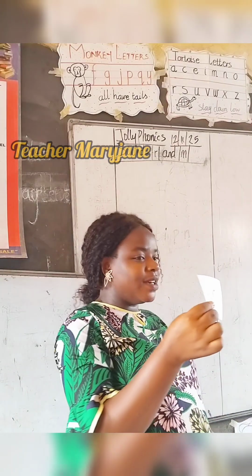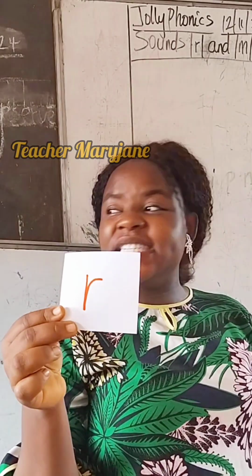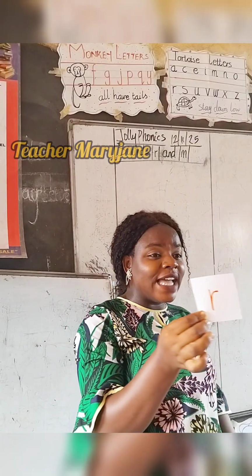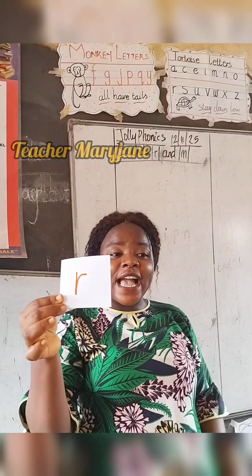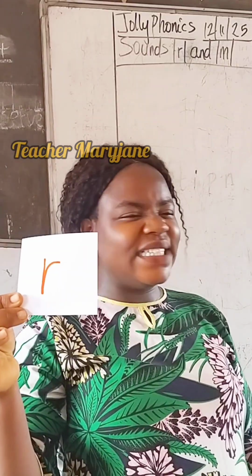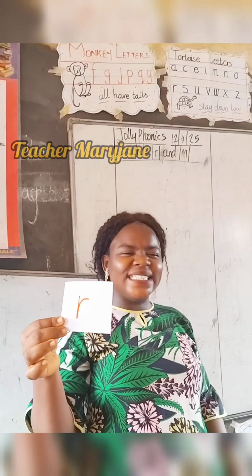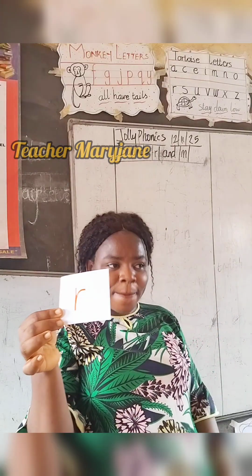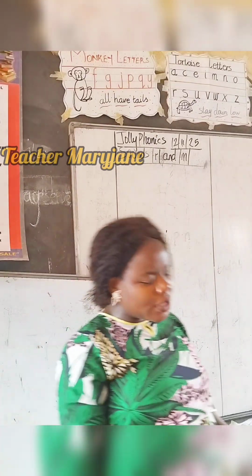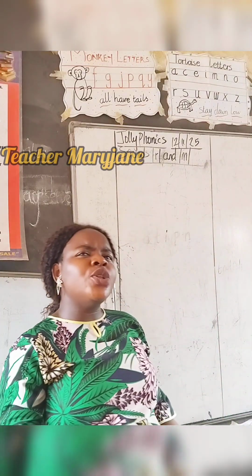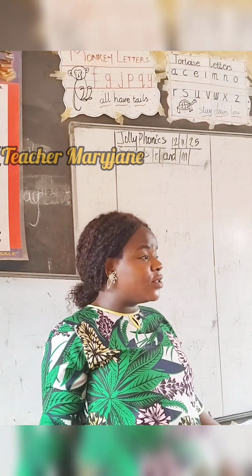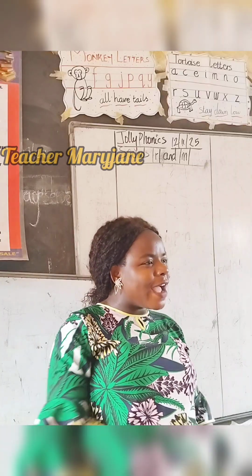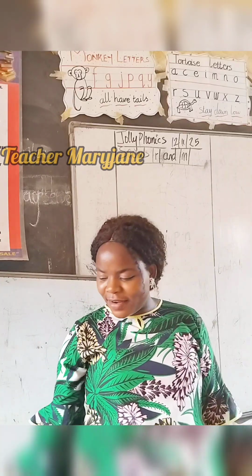Here is the letter that makes the sound. Whenever you come across this letter, you should blend it as what? Now think of a word that has the sound. Do you know any word that has the sound? Rabbit. Very good. A sound clap for her.